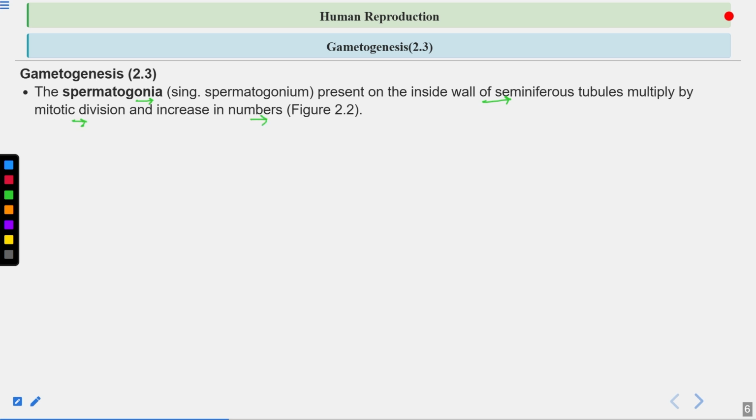I've told you spermatogonia are like stem cells. These spermatogonia divide mitotically and increase in number. And some of these spermatogonia differentiate to form which cells? Primary spermatocytes.